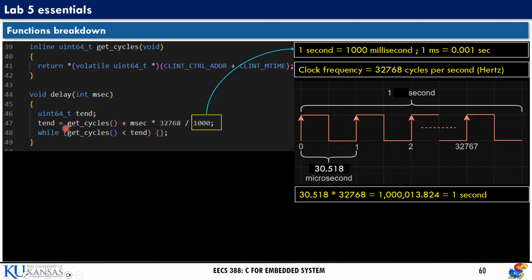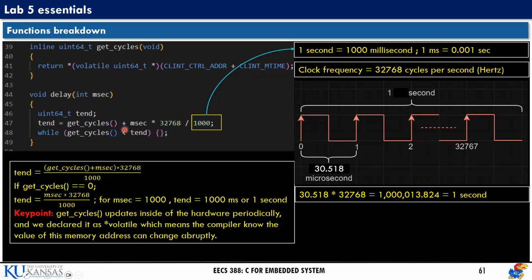So as I say, we calculate the delay by using this get cycles function. If we want to set the delay, for example, 1000 millisecond, that is 1 second, this function just takes the number as an integer. So if we want to use 1000 millisecond of delay in our code, we just pass the number 1000, and we do this calculation. First we collect the current cycles, because as we know, this mtime register has been continuously counting the cycles from the very beginning.